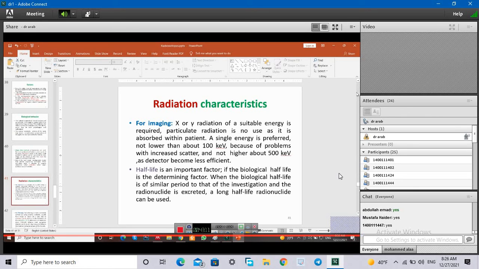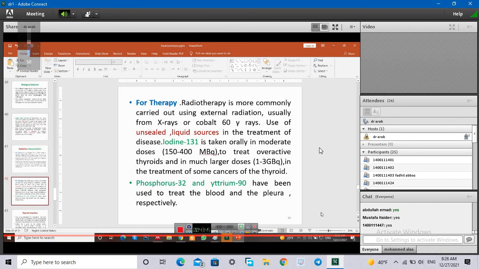Again, I say when we want to choose an appropriate radionuclide for imaging, at first we should consider that they emit only X and gamma radiation with a specific energy interval, 100 kilo electron volt up to 500 kilo electron volt, and the other parameter that we should consider is their half-life.